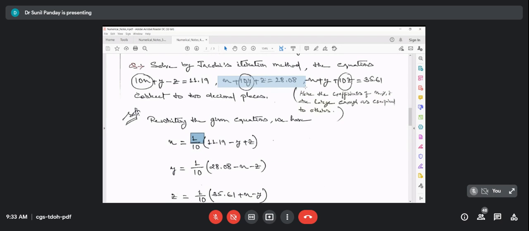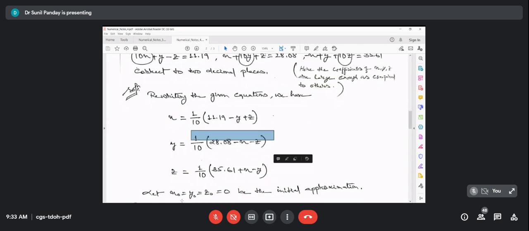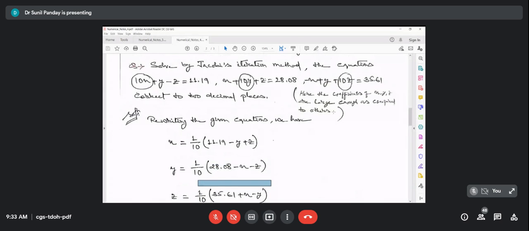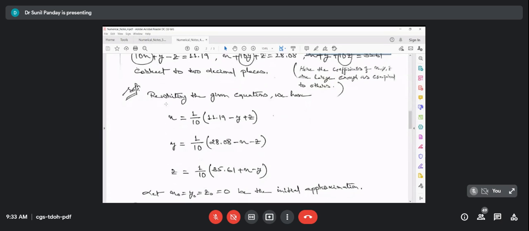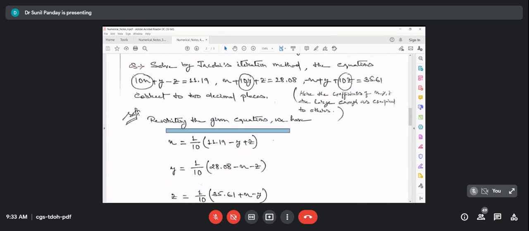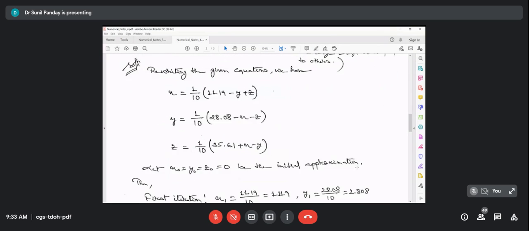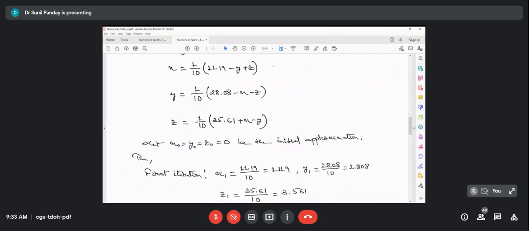Similarly, in the second equation, we keep 10y on the left side and take the other part to the right, and we have 1 by 10 of this. And similarly from the third equation we will get z like this. So this is our iterative procedure for the Jacobi iterative method to solve this particular system of equations. Initially we assume x naught, y naught, z naught as 0.